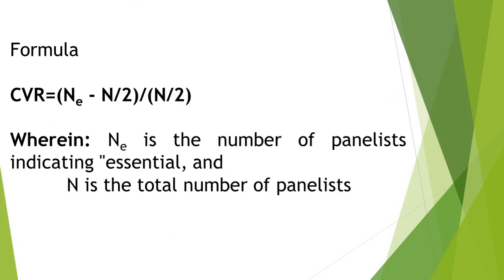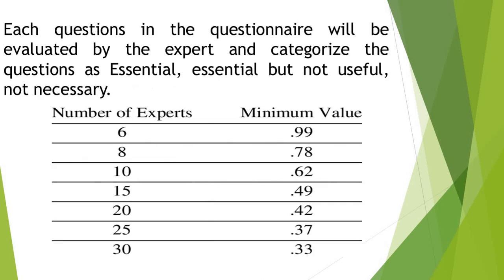So the formula for Lawshe is CVR, content validity ratio, equals (Ne minus N/2) divided by N/2, wherein Ne is the number of panelists indicating essential, and N is the total number of panelists.